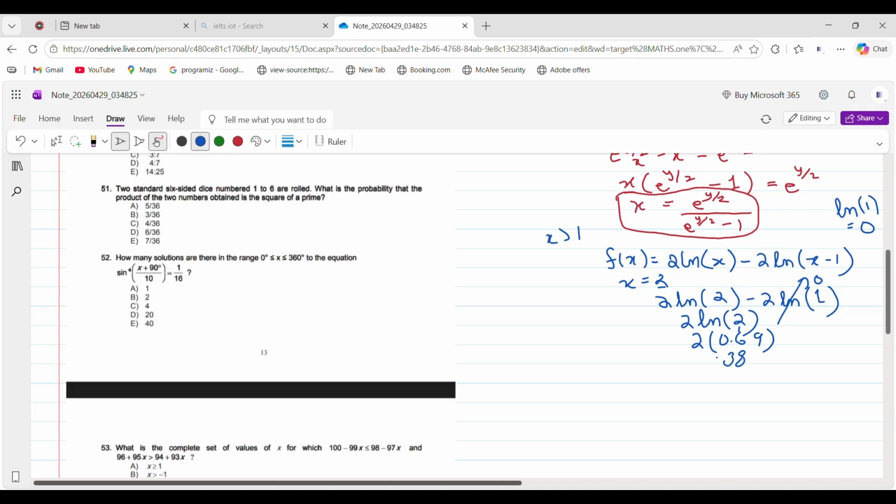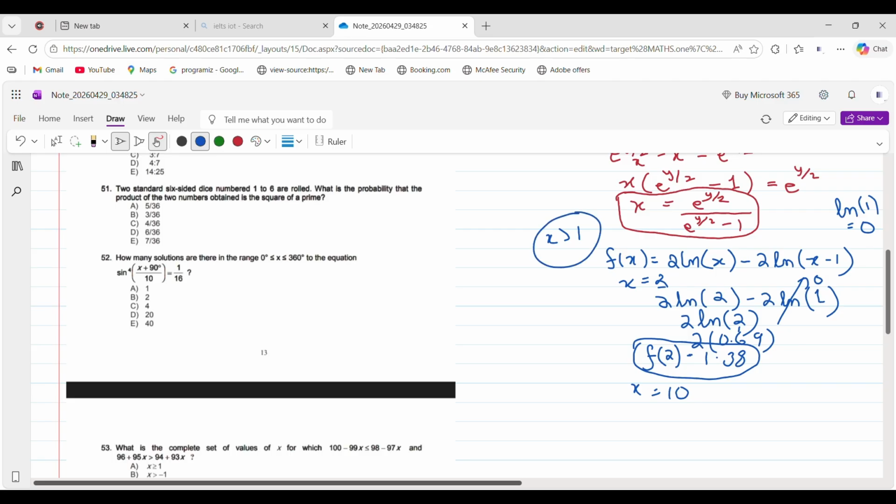Okay, so when we put 2 instead of x, which is of course greater than 1, we got about 1.3.